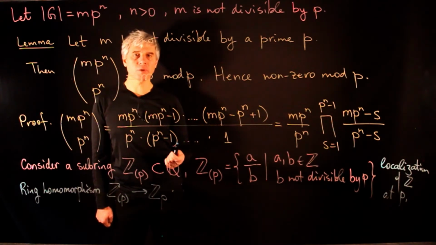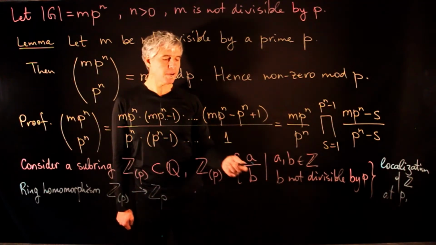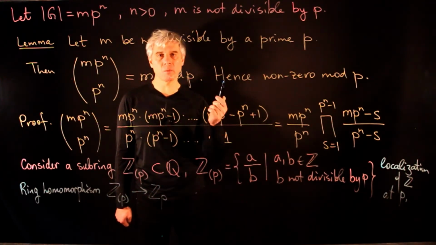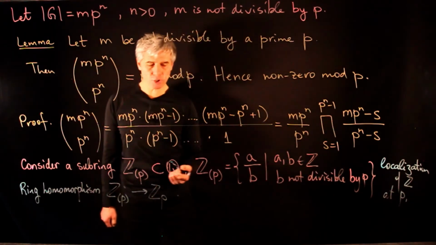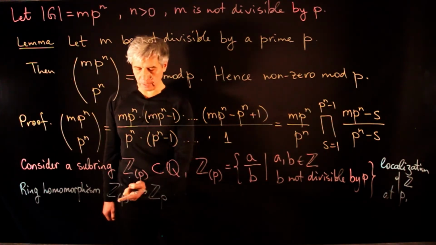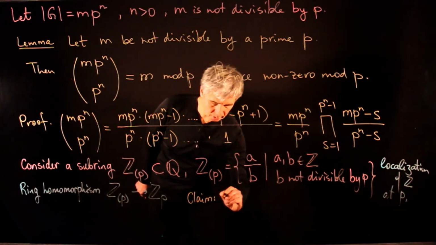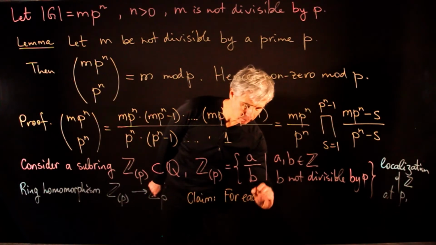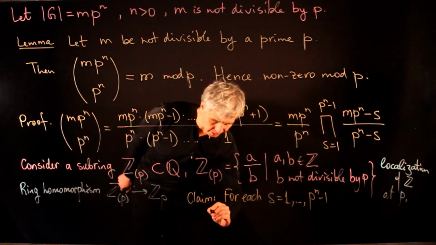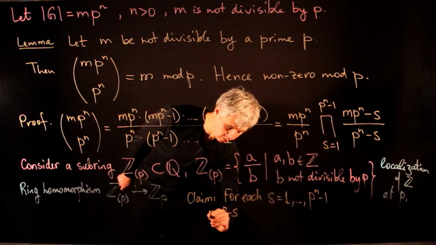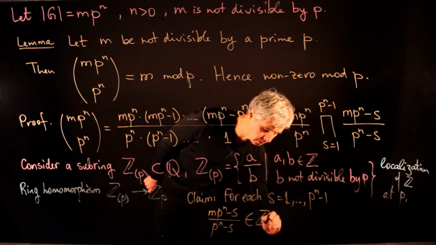Obviously, we can do reduction of Z mod p, but we cannot do reduction of Q mod p. The obstruction is fractions with p in the denominator. So we cannot take 1 over p and reduce it mod p. And this localization ring is the largest subring inside Q for which we can define the reduction mod p. Our claim is that for each s from 1 to p to the n minus 1, we have that m p to the n minus s over p to the n minus s belongs to this localization.